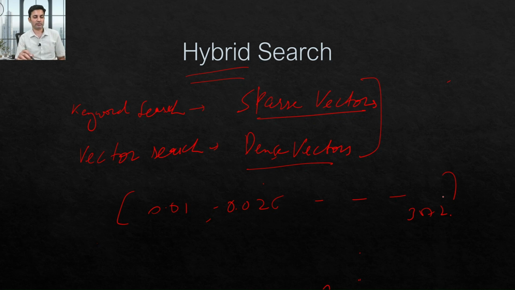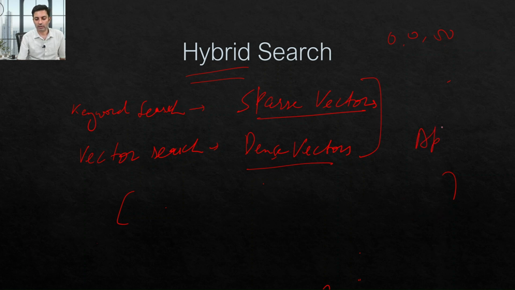But in a sparse vector, we don't have that many dimensions. We have limited dimensions, but they are mostly 0. For example, if I take the same vector, let's say the word is apple, and I'm using 1024 dimensions.